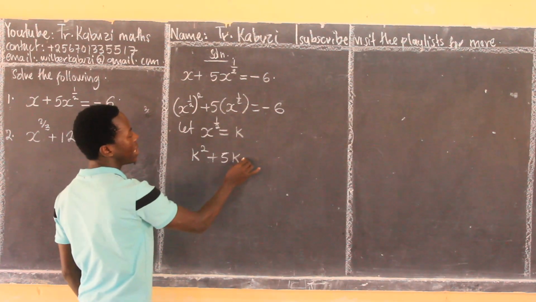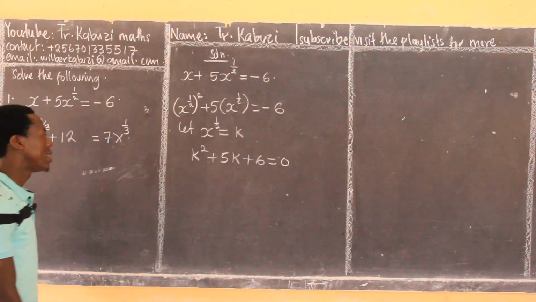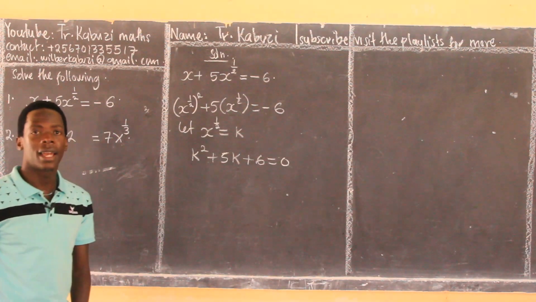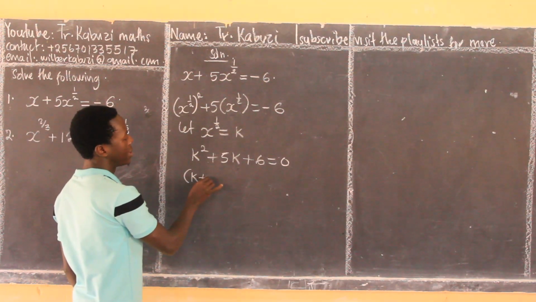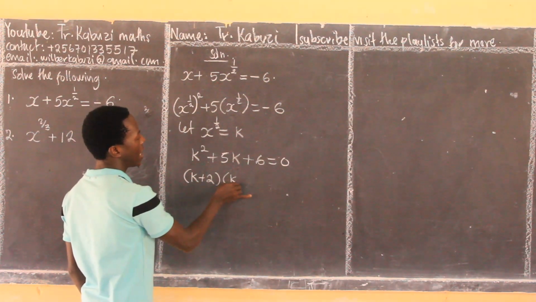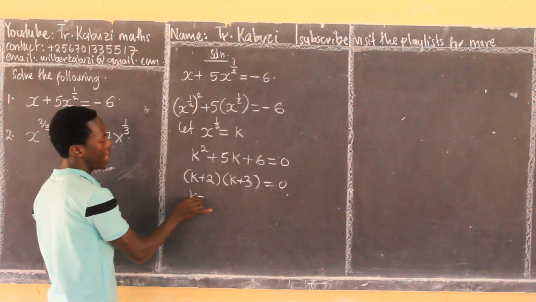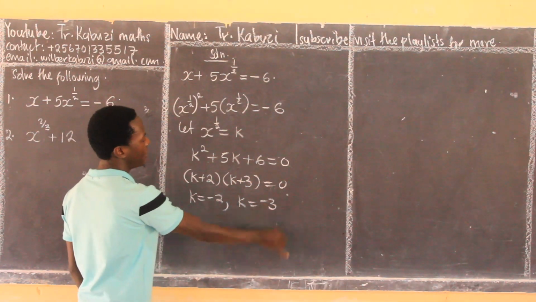When I bring this side, it becomes 6 equaling 0. Two numbers you multiply, you get a positive 6. When you add, you get 5. Those are clear. k plus 2, then k plus 3 equals 0. So either my k is negative 2 or my k is negative 3.